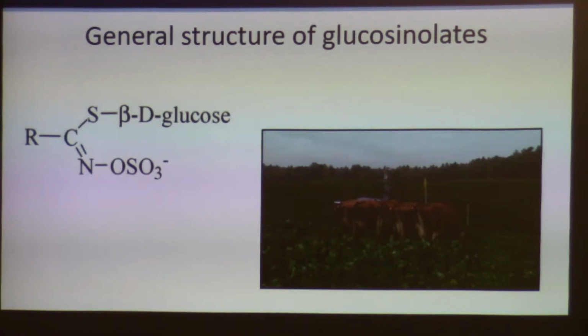But those glucosinolates can also bind iodine and make iodine less available, not only for the cows per se. That's why there is a limit on how much brassica you can feed. Usually it's not recommended to go above 50% of the dry matter of the animal. And the same goes for people, right?